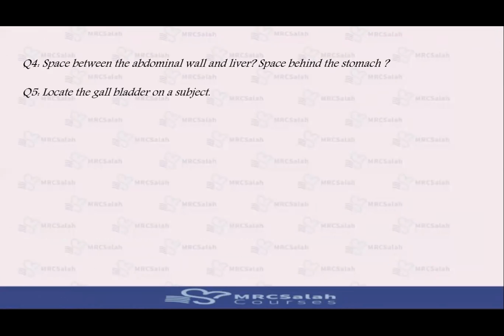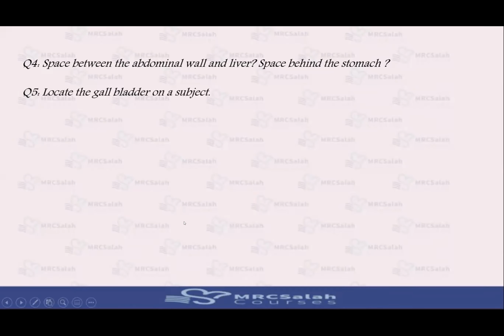Okay. Dr. Abdurrahman, can you locate the gallbladder on a subject? You mean I will tell the surface anatomy? Yes. It will be at the tip of the ninth costal cartilage and lateral to the rectus abdominis, or the linea semilunaris.